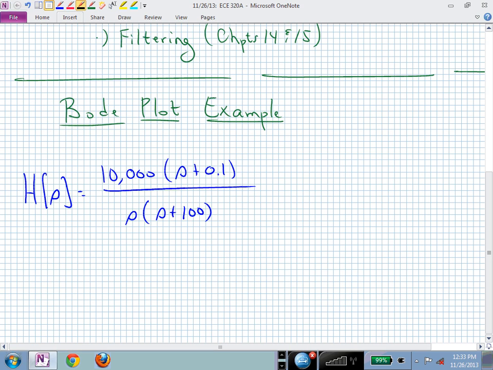Definition or terminology, what structure or form is that transfer function written in right now? Pole zero form. The factors are written so that you can easily identify where your zeros are at and your poles are at. This is what we call the pole zero form, and that's ideal for sketching the S-domain poles and zeros.